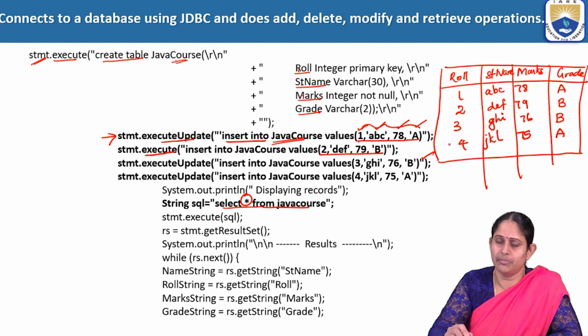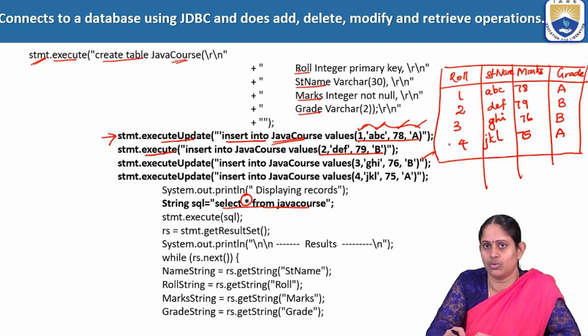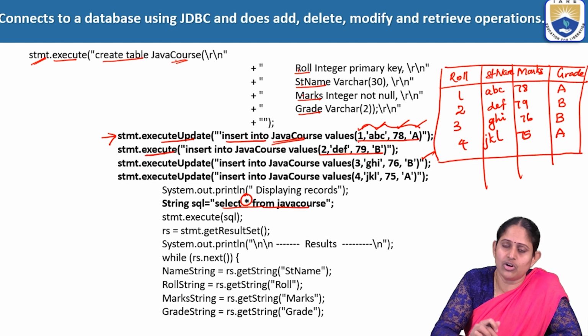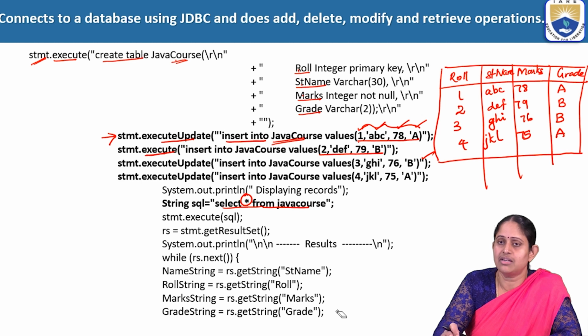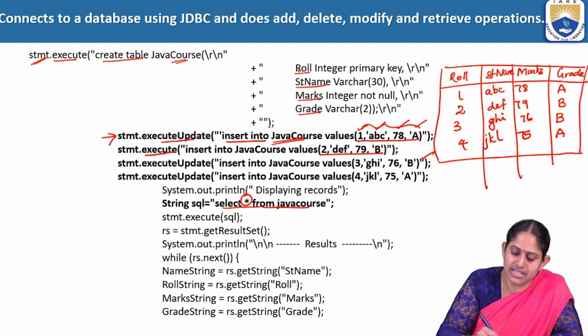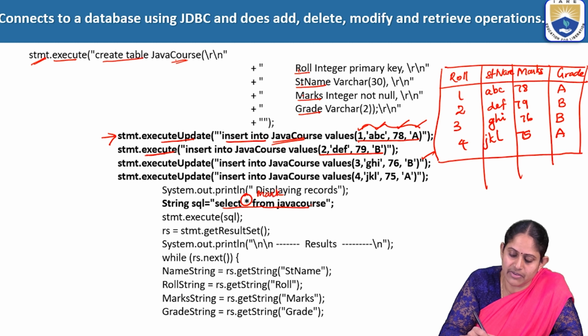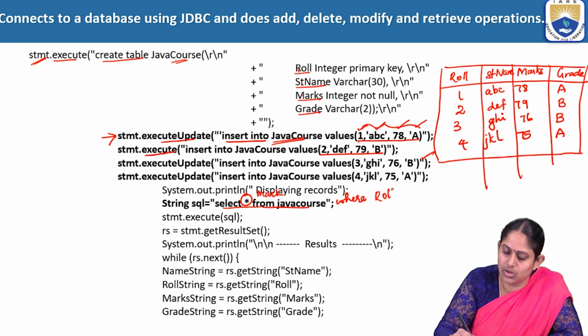Now if you want to get only a particular row or only a particular value, let's say we want just the marks of roll number 1, then we have to specify select marks from Java course where roll is equal to 1.